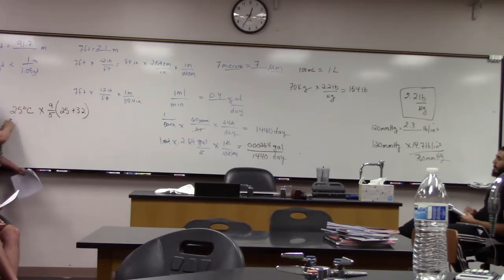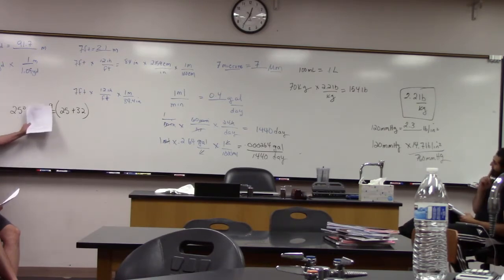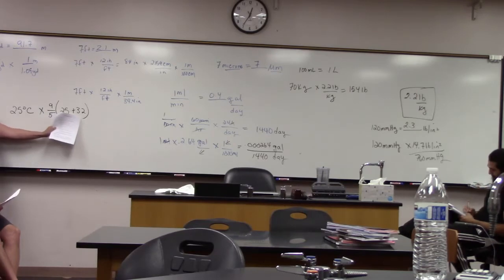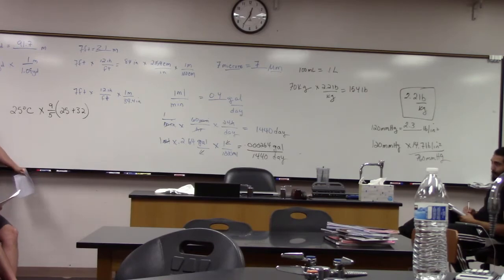What do I do with this 25? Multiply now. So 25 multiplied by 9 over 5 multiplied by 25 plus 32? No, ma'am, we're going to get the Fahrenheit, right? I'm just confused. I guess she meant that the formula is Fahrenheit is equal to 9 over 5 Celsius plus 32, and then after that.